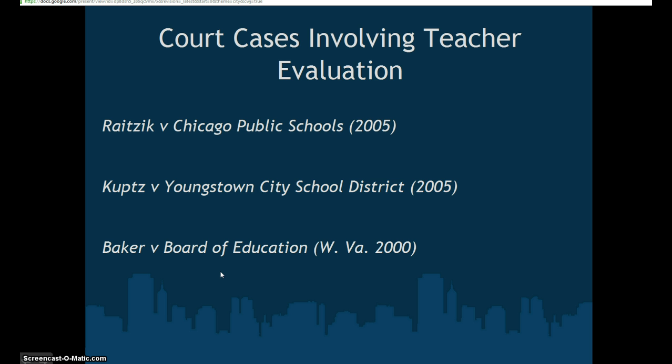The last case that I took a look at concerning evaluation was Baker versus Board of Education. It's a West Virginia case. And in this case, a teacher that was conditionally licensed did not receive all of the same due process actions that teachers that might be fully licensed received.